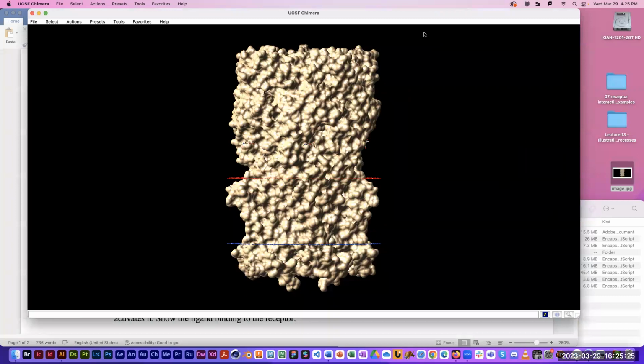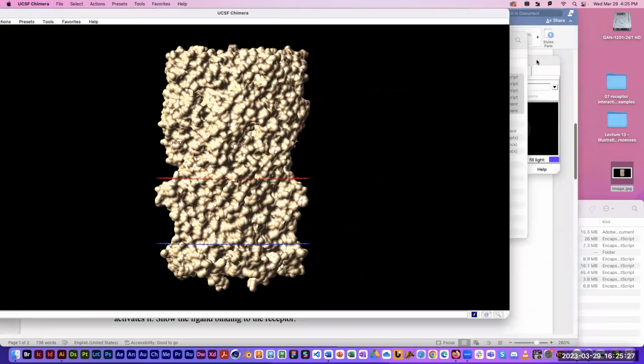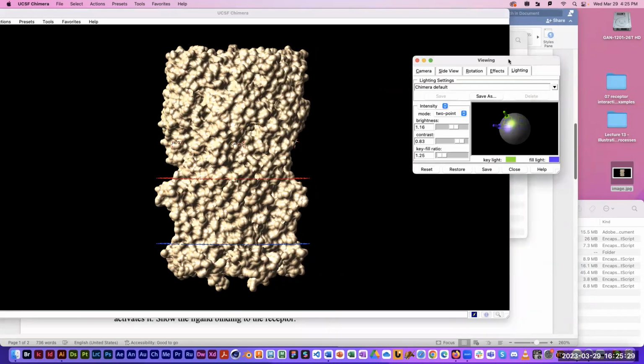But a lot of these molecules, a lot of these receptors, are ion channels, like ligand-gated ion channels, or maybe a voltage-gated ion channel. That means they're going to have a channel that runs through the middle of the molecule, and that's where our ions are going to pass through.